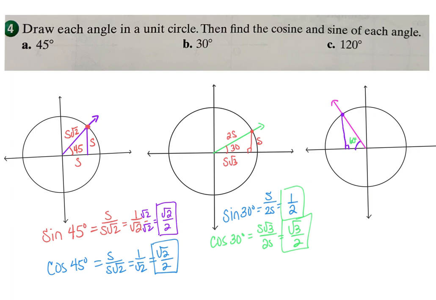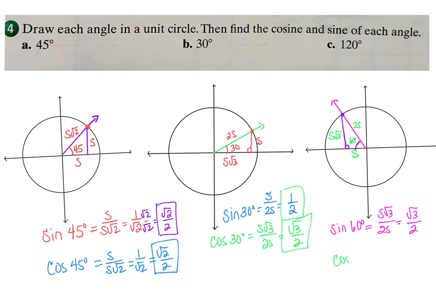So again, I have a 30, 60, 90. My short side is here. My long side is here. And this is, again, my hypotenuse. And if I do the sine of a 60-degree angle, we actually already did this one, didn't we? Side square root of 3 over 2 times the side, square root of 3 over 2.